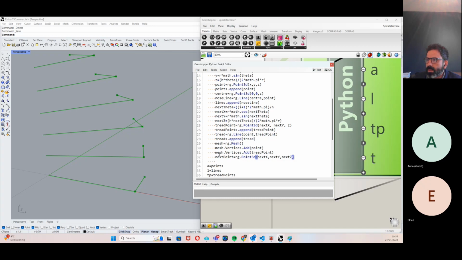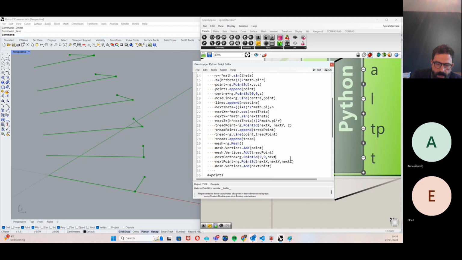Equals rg dot point 3d, 0, 0, next z, 0, 0. Okay.